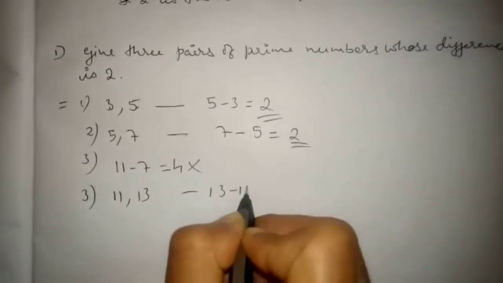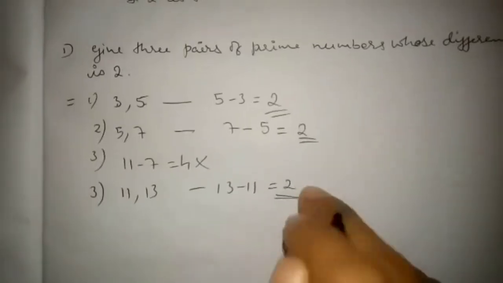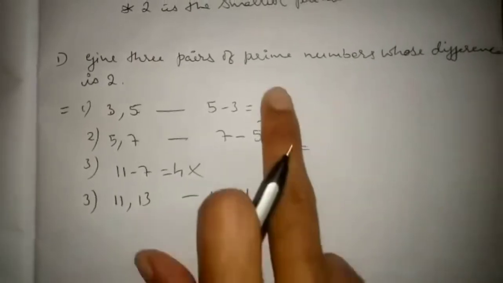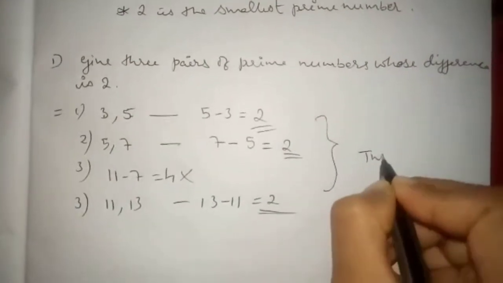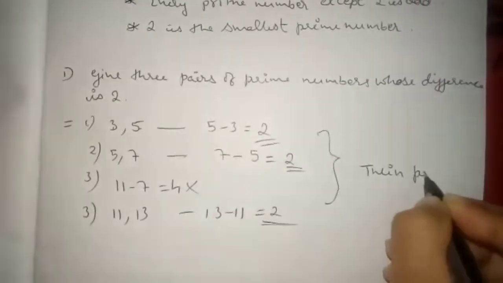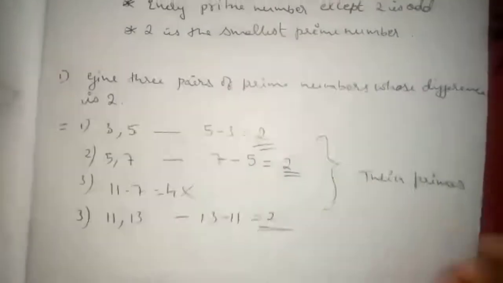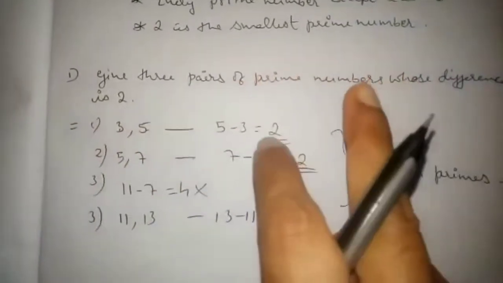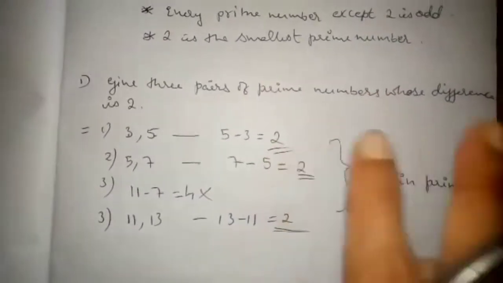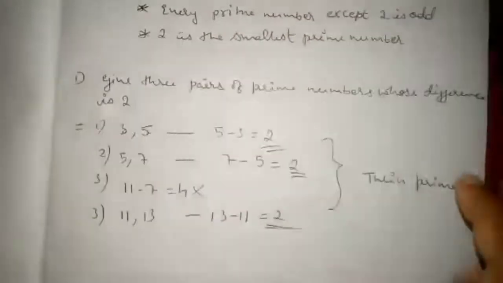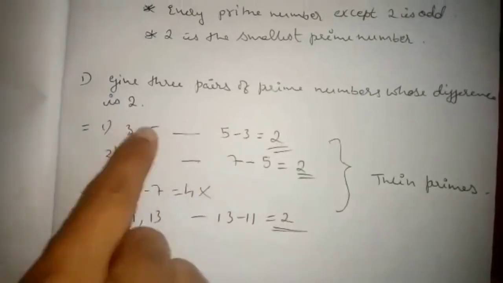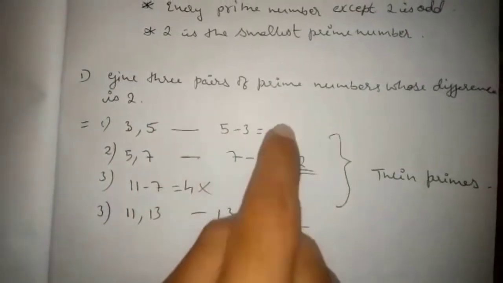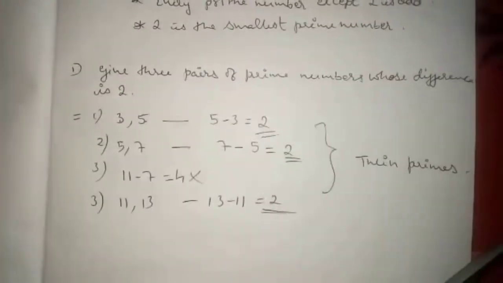Now 13 minus 11 is what? 2, right? So these types of prime numbers are also called twin primes. Understood? So 2 prime numbers whose difference is 2 are called twin primes.